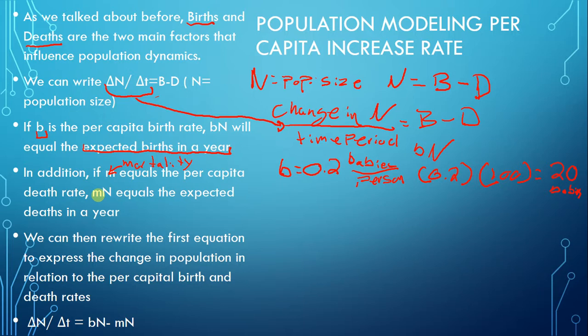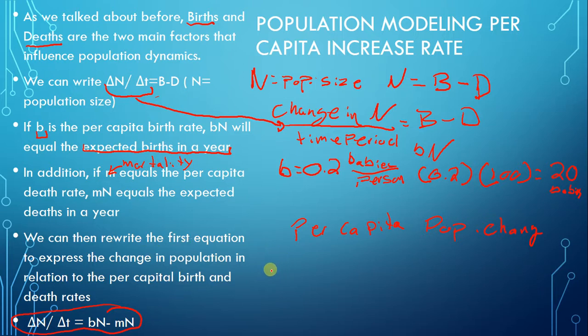Putting it all together, we can find the expected per capita population change with this equation right here. This means: how many individuals do we expect the population to increase or decrease by, given the current population size?